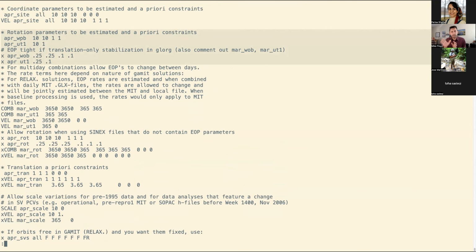Normally we keep those values quite loose, but the note underneath here says have the EOPs tight if you're doing a translation-only stabilization in GLORG. And this would be for small networks where you don't have very much distant curvature of the Earth. So you would actually comment out these lines and uncomment these lines if you wanted to do a translation-only stabilization.